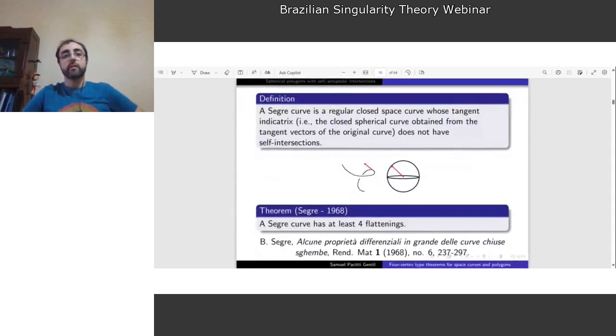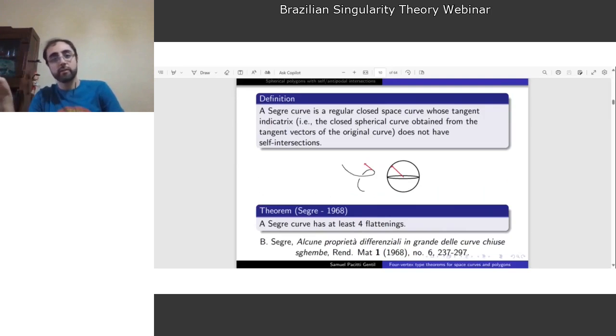And finally, a third way of expressing convexity for space curves is given by the tangent indicatrix. Some of you might not know what the tangent indicatrix is. It is the following curve. We have a regular space curve, and at each point of the curve, you have a unit tangent vector.